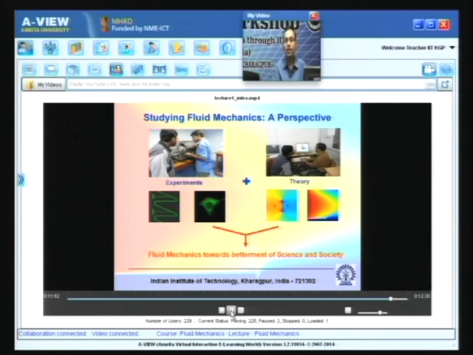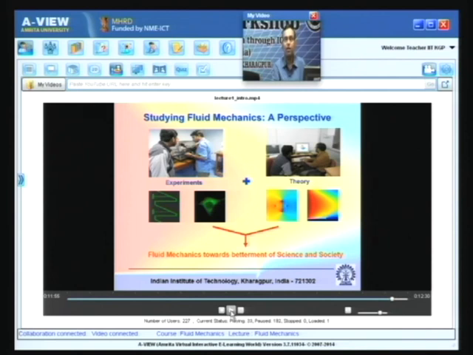To understand that better we have to do experiments, but many times doing a large number of experiments is very difficult, very costly and time consuming, and it is very difficult to get all detailed parameters from experiments. So, we have to do a theoretical study of fluid mechanics, and if the equations are very complicated we have to simulate the equations through computer, and that is what computational fluid dynamics is all about.